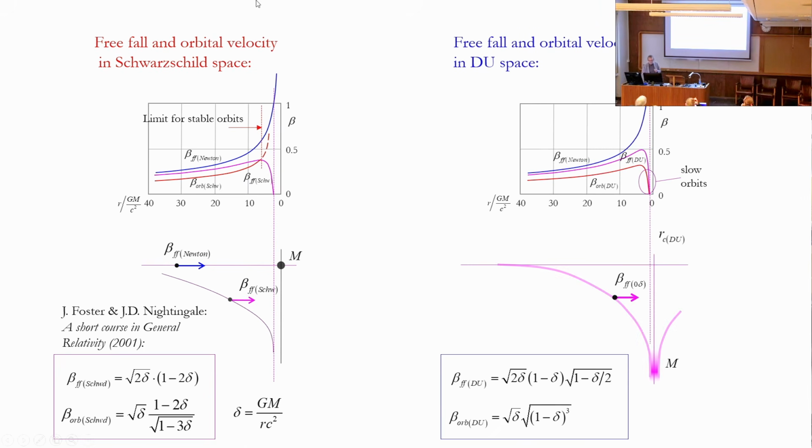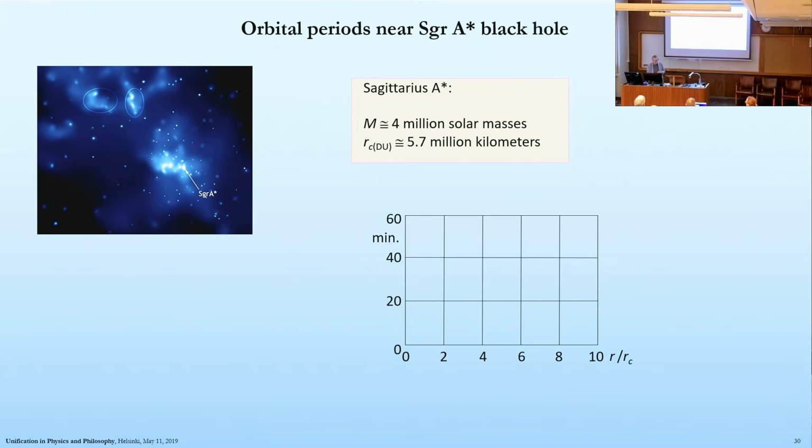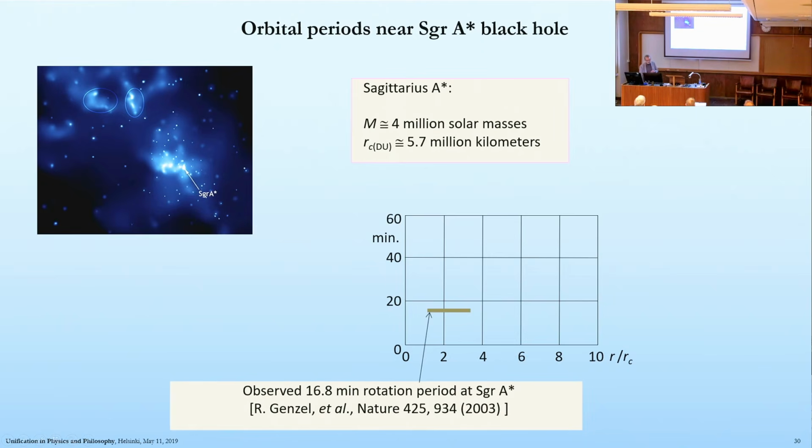In DU, the situation is different. The orbital velocity stays below the escape velocity, and here we have the slow orbits. Now we have the critical radius, which is only 1/2 of the Schwarzschild critical radius, but we have very nice slow orbits here. There was one very interesting observation from Sagittarius A* at the center of our Milky Way. They observed rotational periods of 16.8 minutes, which was a surprisingly small value.